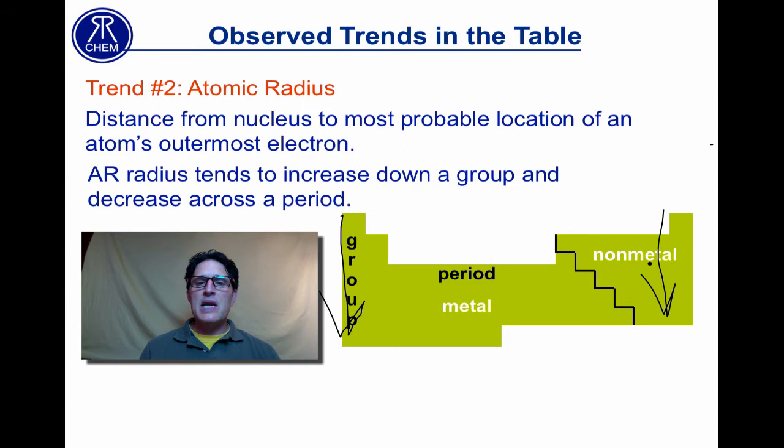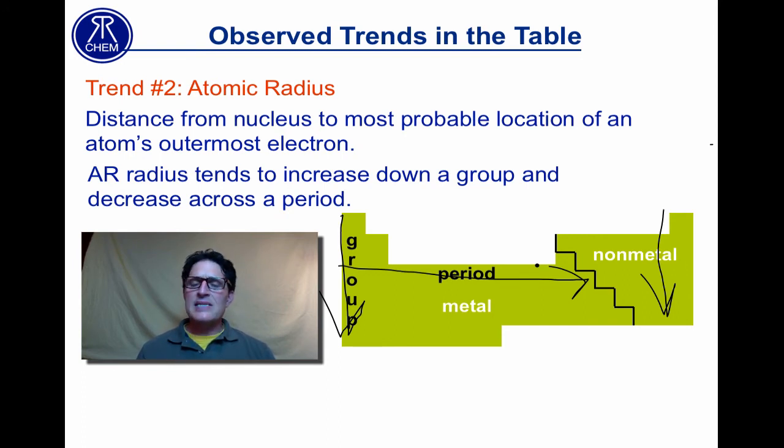as you go down that group, the atomic radius increases. Now, the next trend is going to be counterintuitive, and what that means is that it isn't exactly what you would expect. As you go across a period, so as you go from left to right across a period, and this is regardless of metals or non-metals, the atomic radius tends to decrease.